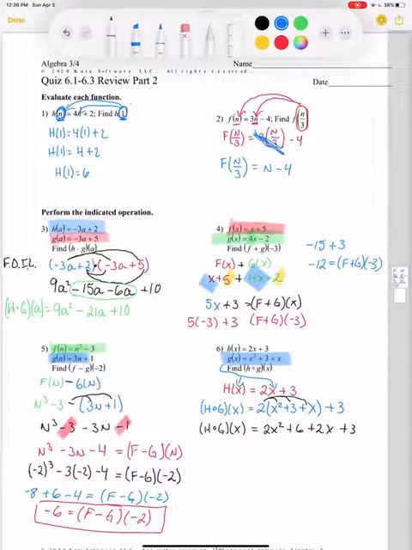I'm going to go ahead and combine my like terms, which is this positive 6 and this positive 3. So I have h of g of x equals 2x squared plus 2x plus 9.